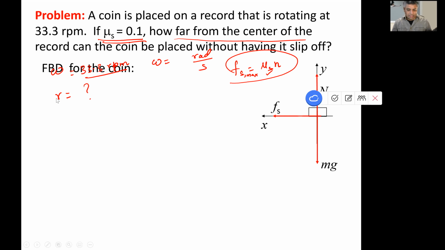It looks like we need to use a free body diagram. Why? Because it's talking about r, the radius. The radius of the circle is in the acceleration equation. Acceleration and force are related by Newton's law. So that's how I know we need to use Newton's law.